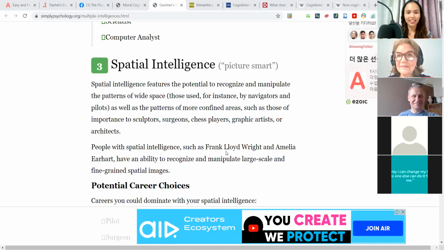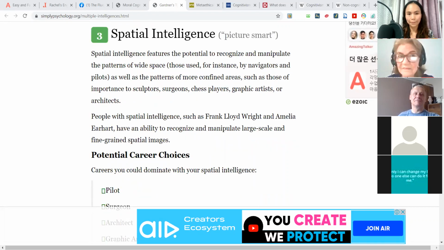3X, you want to read? Okay. Spatial intelligence features the potential to recognize and manipulate the patterns of wide space, those used, for instance, by navigators and pilots, as well as the patterns of more confined areas, such as those of importance to sculptors, surgeons, chess players, graphic artists, or architects.